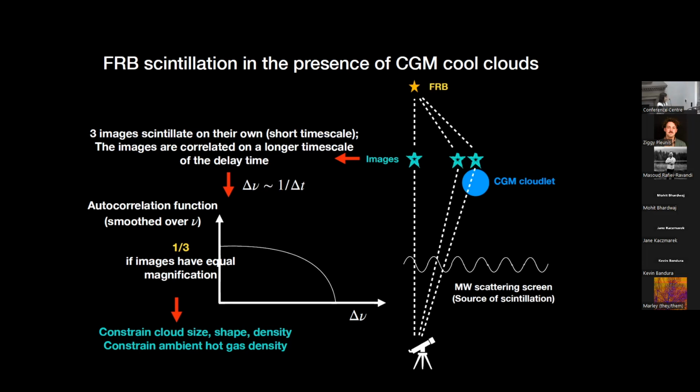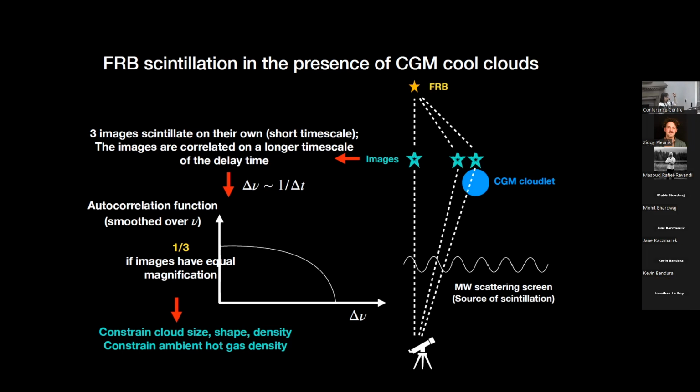The idea here is that the Milky Way scattering screen is going to give you some short timescale scintillation. And when you have 3 images, the 3 images are going to scintillate on their own, almost independently.